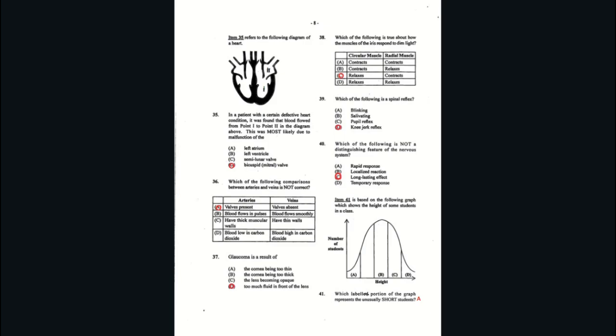Number 40 says, which of the following is not a distinguishing feature of the nervous system? So basically, this question is asking what feature here the nervous system does not have. Rapid response is completely out, because we know that the nervous system works fast, at the speed of light or faster.